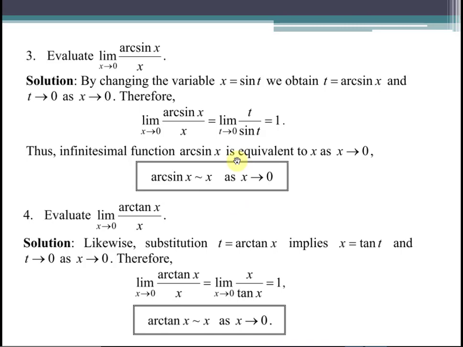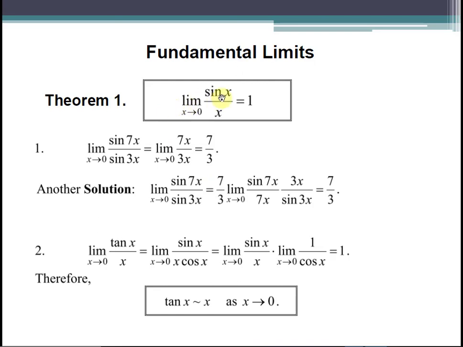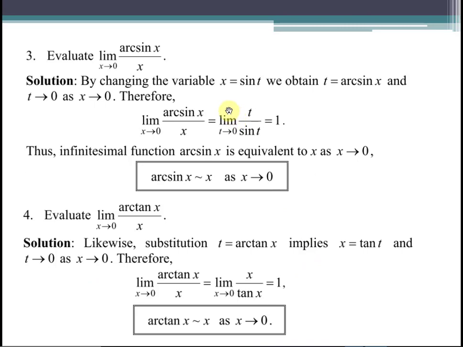So we get now 3 ones. The first one, sine x over x as x tends to 0, is 1. Tangent x over x as x tends to 0 is also 1. And arc sine x over x as x tends to 0 is also 1. Now, let's evaluate the next one, arctangent x over x.